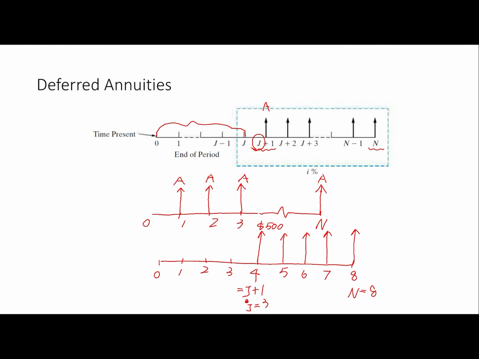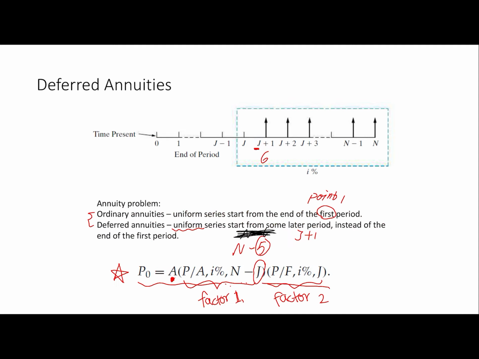And then we learned the deferred annuities, and we said the J is very important. Based on the given cash flow diagram, you need to determine what is the right J so that you can use the formula correctly. You see in this formula, the N and the J here, right?